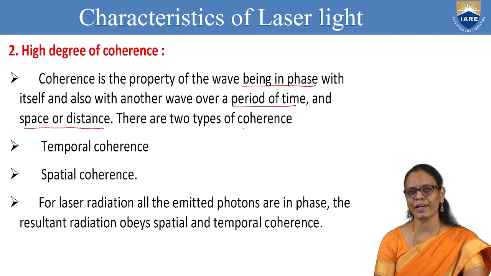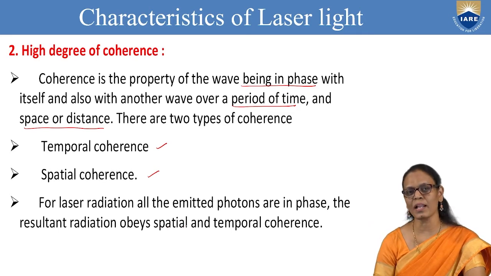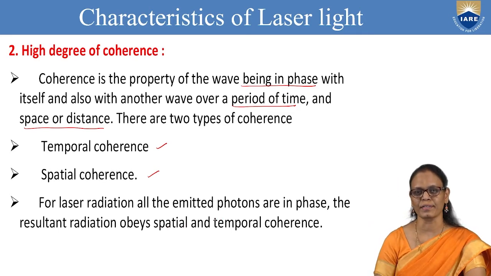There are two types of coherence: temporal coherence and spatial coherence. For laser radiation, all emitted photons are in phase, so the resultant radiation obeys spatial as well as temporal coherence.